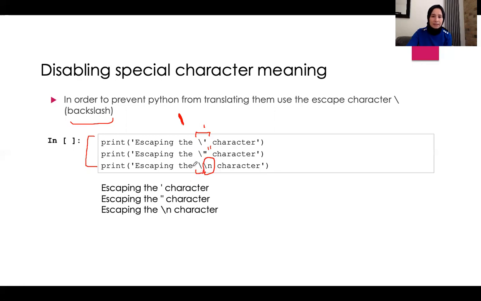However, as we use another backslash character here, we disable the escaping character. Therefore, it only prints this as a text for us, as a string value. So this is the meaning of disabling special character.